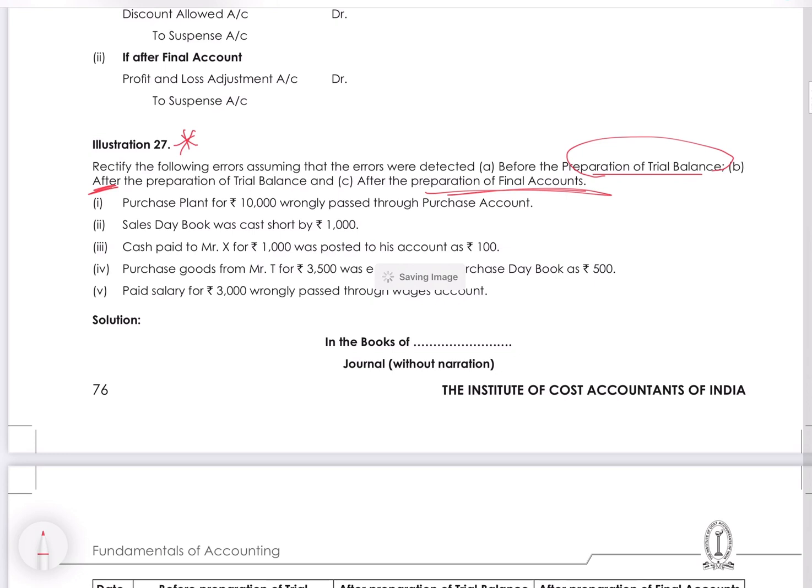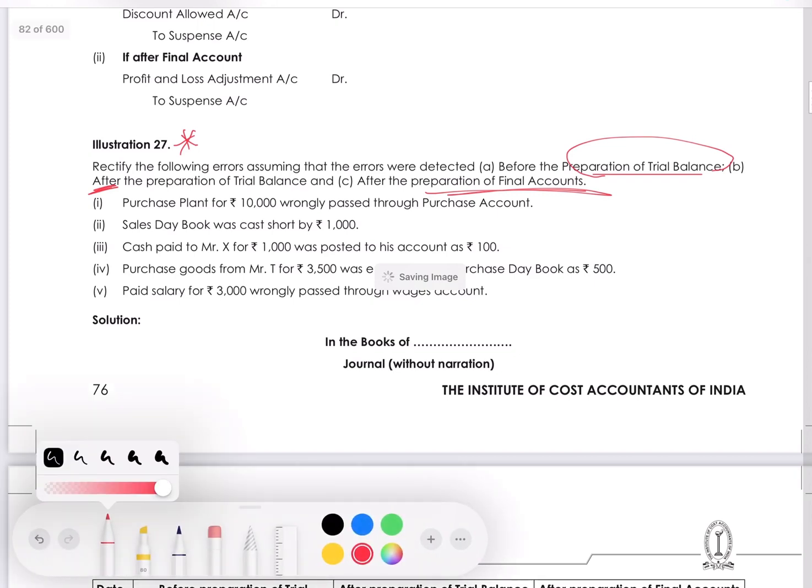First, we will understand what should be the correct entry. Purchase plant for 10,000 wrongly passed through purchase account. What do they want to say? They bought a plant. So what should the entry have been? The entry would have been plant. As it's an asset, it should not be routed through purchase.